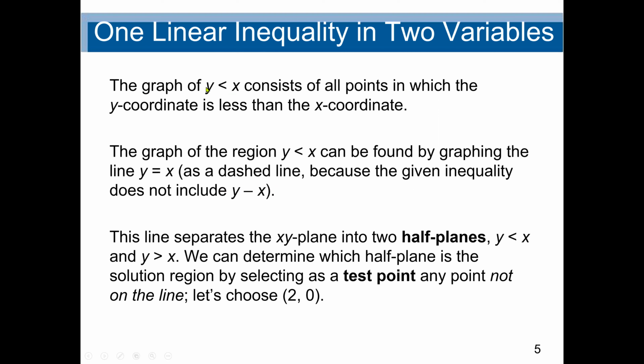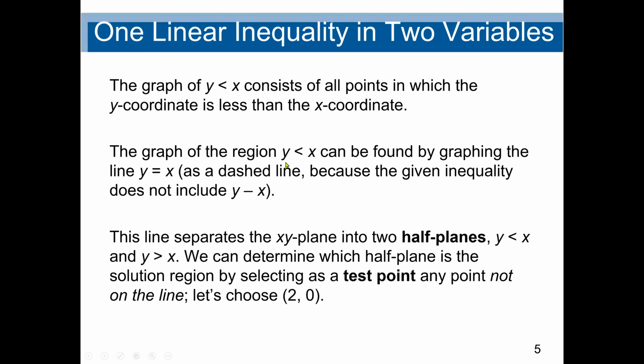If the graph is y greater than x, then it means all the points in which the y coordinate is greater than the x coordinate. The graph of the region y less than x can be found by first graphing y equal to x. So that is the step.